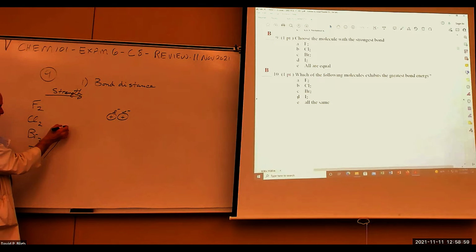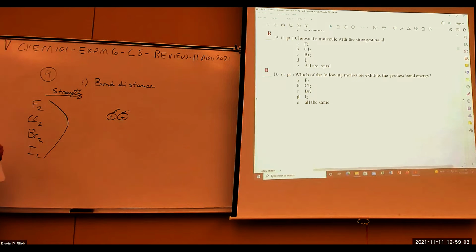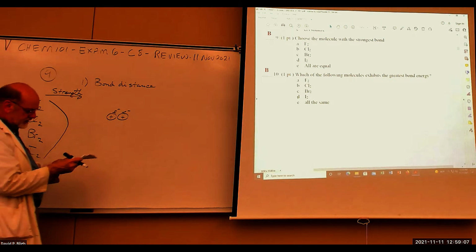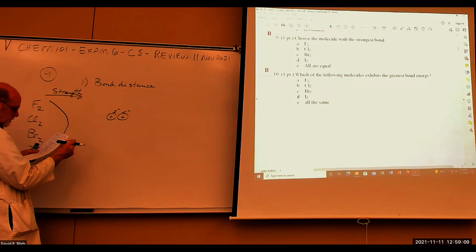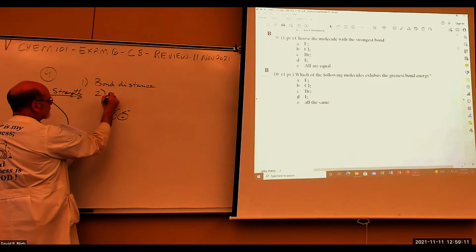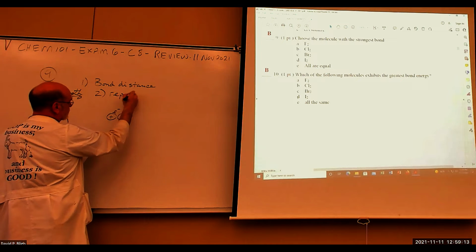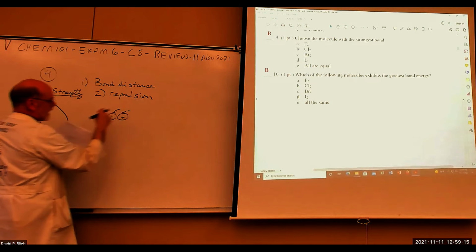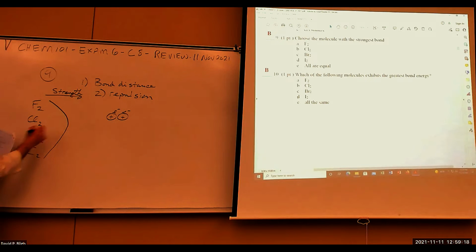So it peaks at dichlorine, and then it drops off at difluorine for that repulsive effect. So consider the bond distance and then the possible repulsion of like charges. In that case, this one, B, is the strongest bond of the bunch.